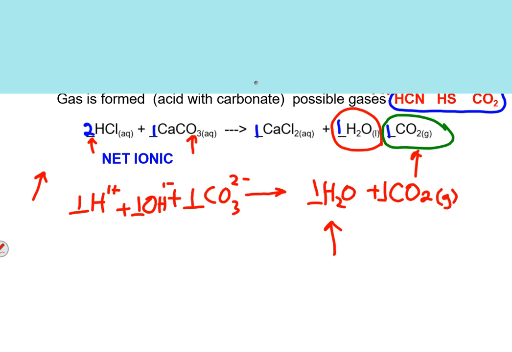And so we have 1, 1, 1. Yes, there's 4 oxygens, but there's 3 on the left. This gives you 2 oxygens and 1, 3. It's not balanced. There's 4 oxygens on the left and 3 on the right. On the bottom equation, the net ionic, it's not balanced.